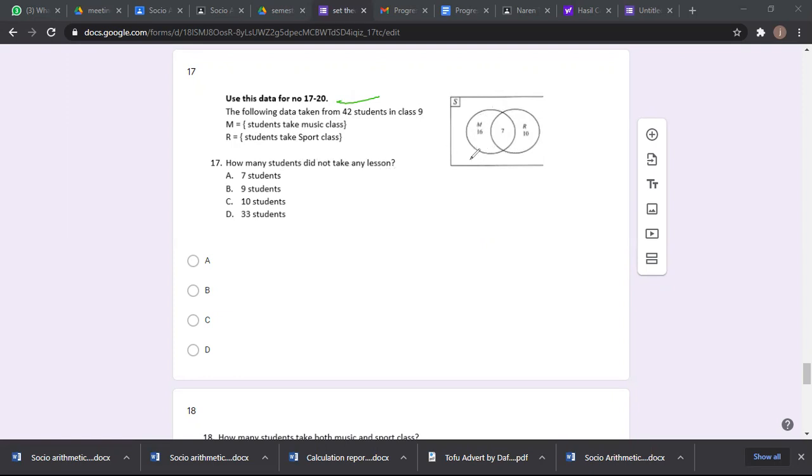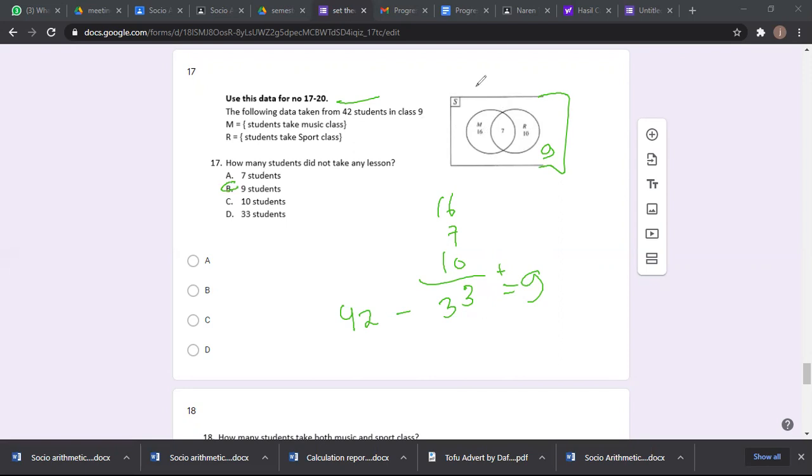If you count all of them, 16 and 7 and 10, so the total is 33. But we have 42. So there are 9 students outside the circle. Or we can write that 9 students are the ones that did not take any lesson.